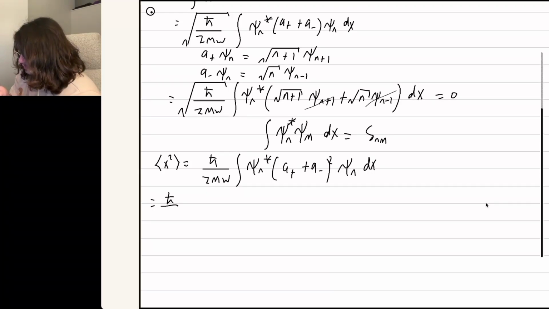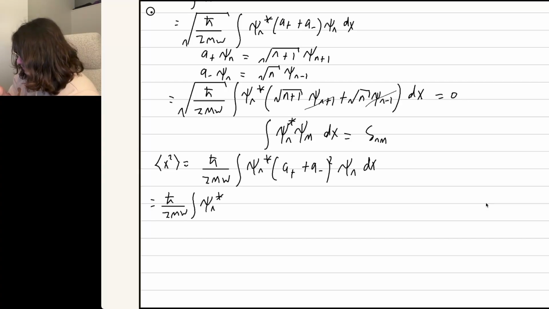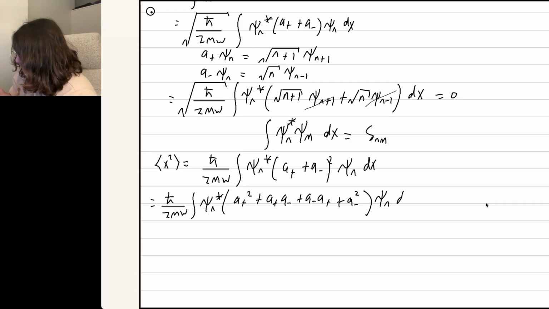So we do have to expand that square, and it's going to be a plus squared plus a plus a minus plus a minus a plus plus a minus squared times psi n. Useful to go ahead and just calculate what all these are.